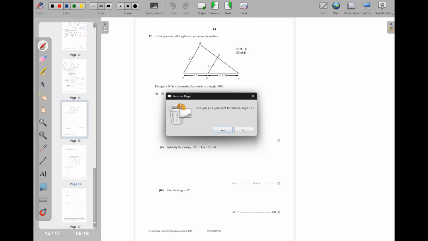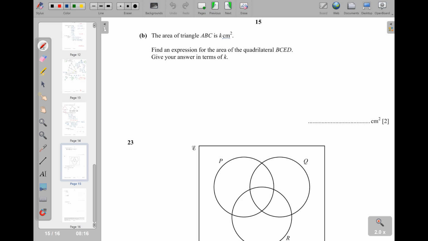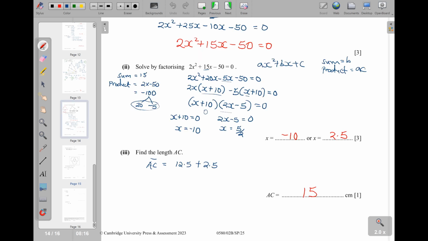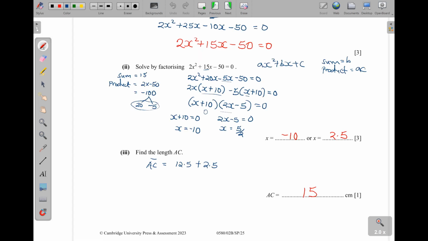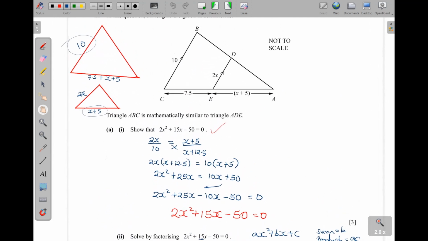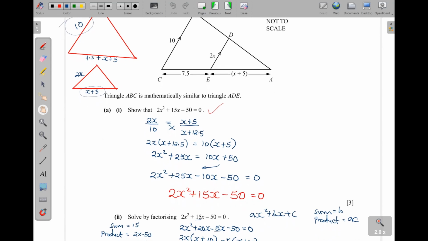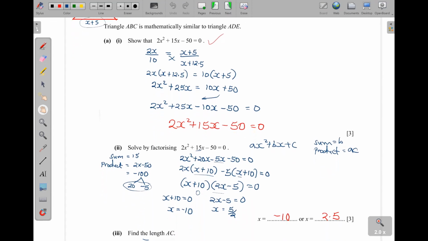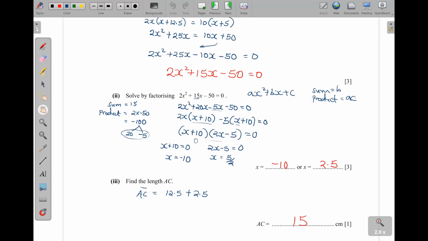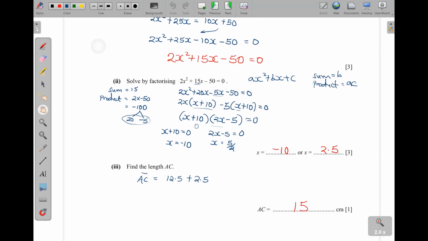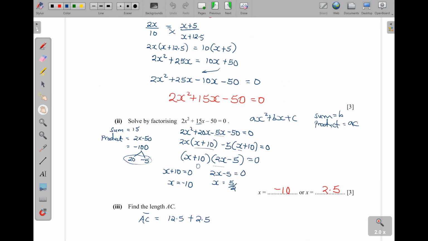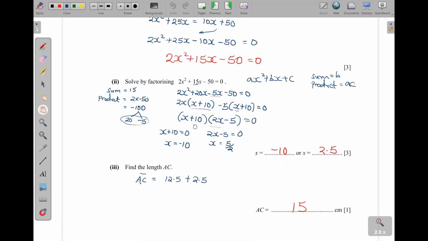I think I need to remove it because I'm already done with it. Okay, so we are going to use the scale factors of enlargement here.